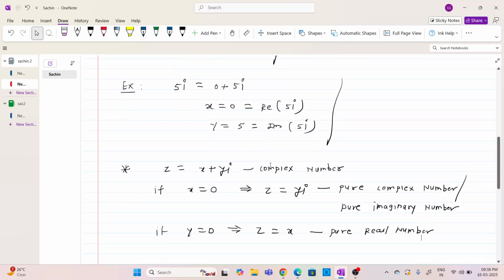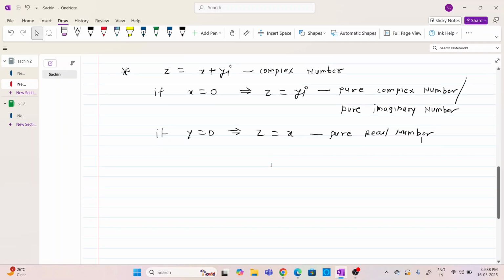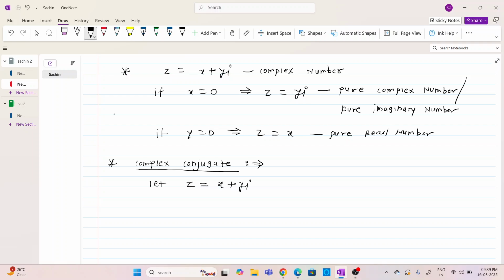Now see what is meant by the complex conjugate of a complex number. Given complex number, suppose let z is equal to x plus yi.